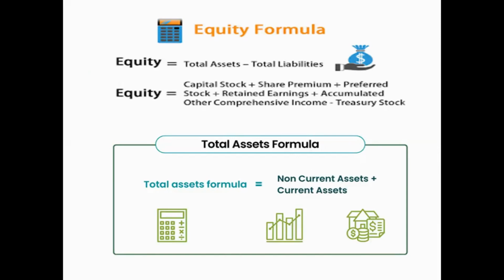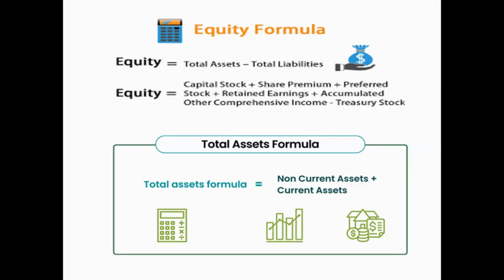The first one is equity equals total assets minus total liabilities, or total assets minus current liabilities. The second one is capital stock plus shareholders' premium plus preferred stock plus retained earnings plus accumulated other comprehensive income minus treasury stock.